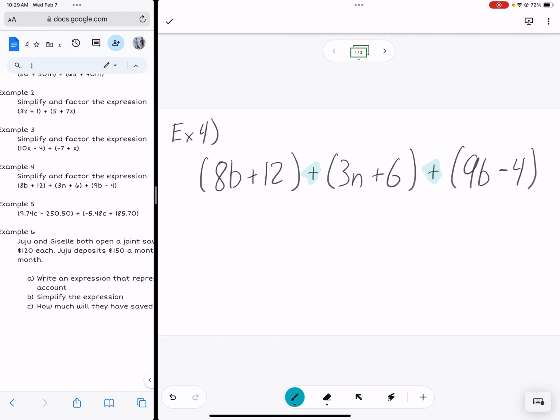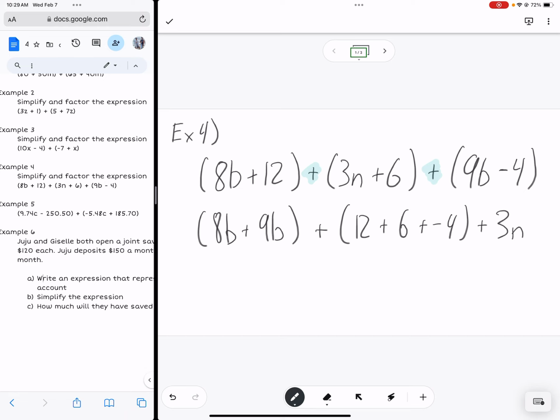I don't know if this one you can actually factor. So let's go with Marina. Walk me through how you solved it. I got all the like terms and put them together. So it's 8b plus 9b plus 12 plus 6 plus -4. And then I just added the 3n in, plus 3n at the end.